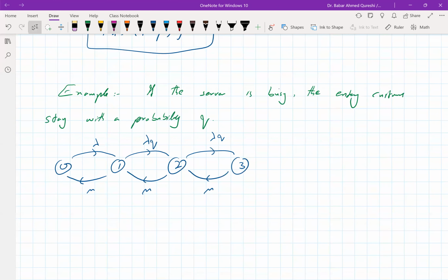Similarly, you can change these things slightly. For example, you can say what happens if there is a finite room. You can take no more than n people in.